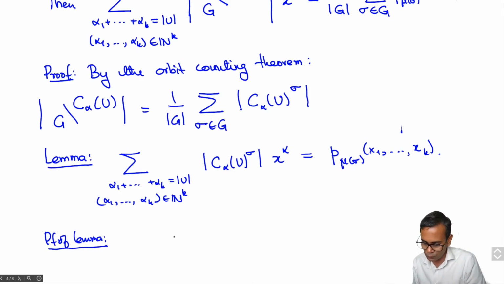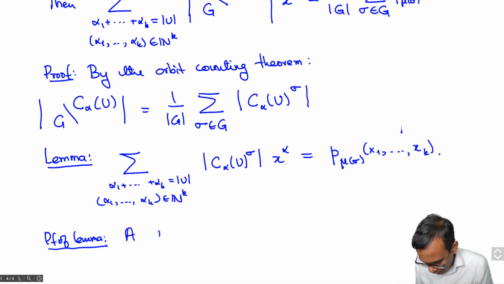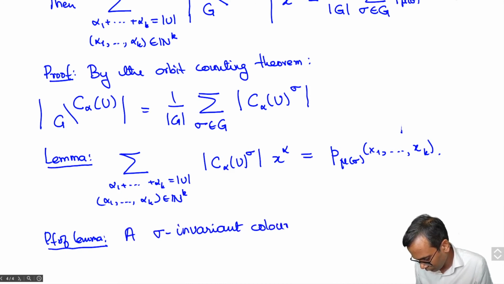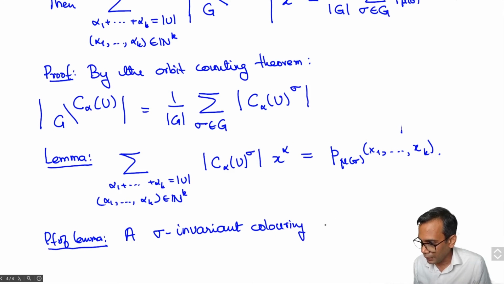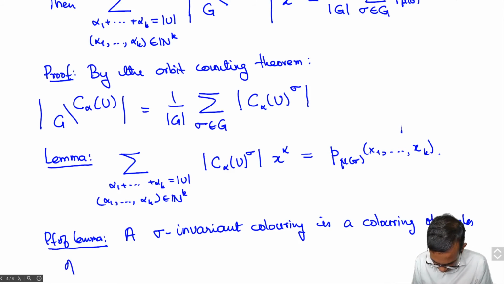And of course, once you've proved the lemma, it's easy to see that you've proved the Polya Enumeration Theorem. A sigma invariant coloring is a coloring of cycles. Coloring of U is a coloring of cycles of U.